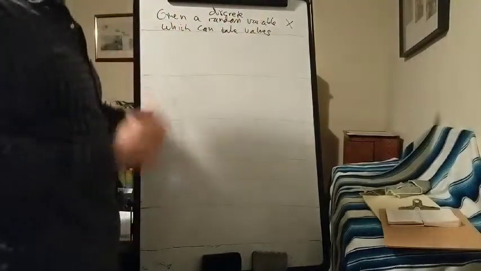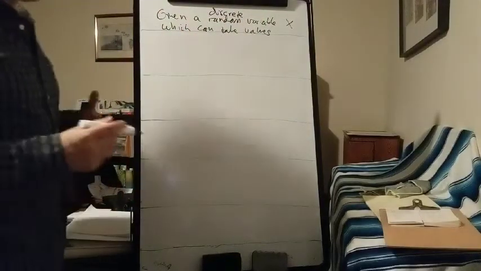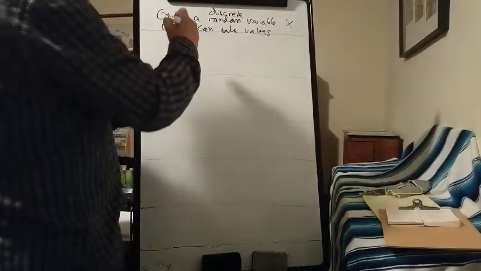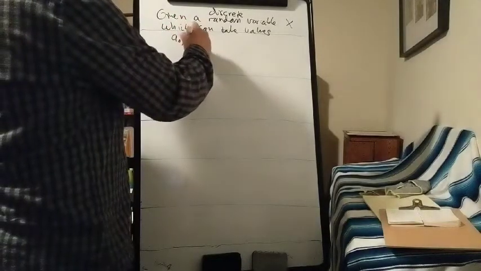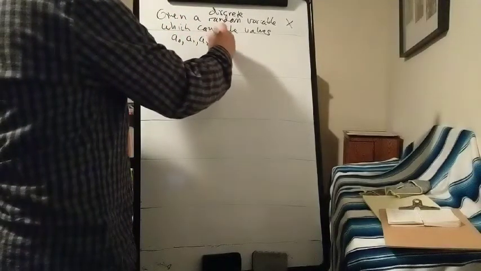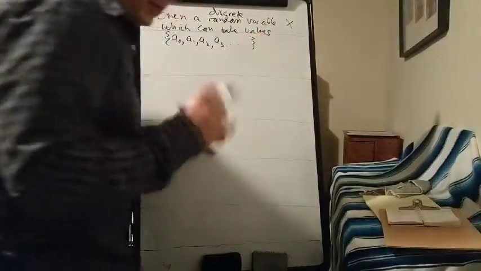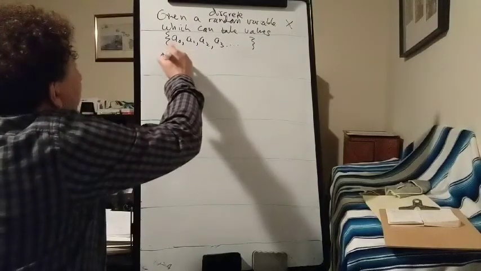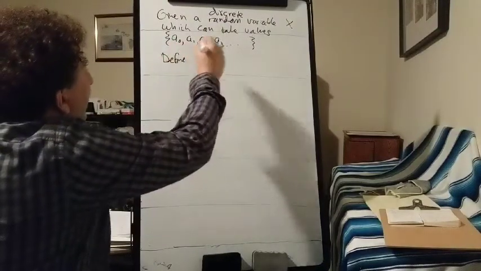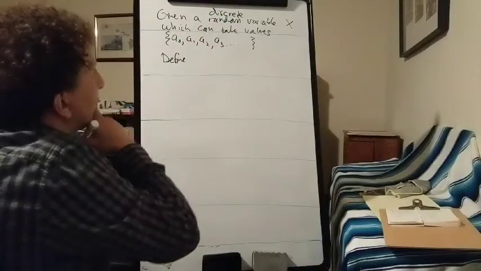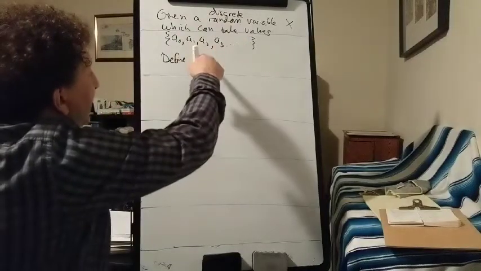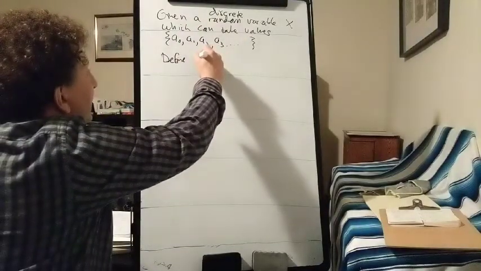I want this to be a discrete random variable, so it can take only finitely many values, or maybe countably infinitely many. So it can take values, let's say a0, a1, a2, a3, etc. Possibly infinitely many of these, but we can list them. As shorthand for the probability that X equals one of these values, sometimes we use a little p.